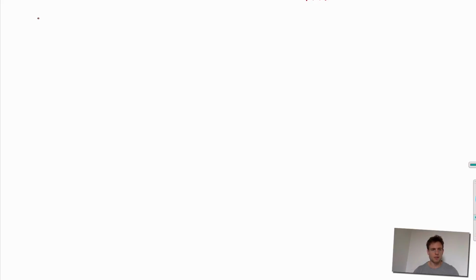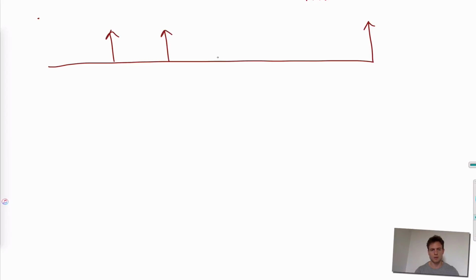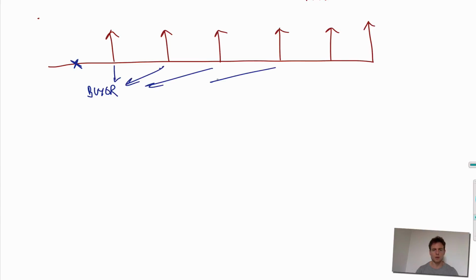So if you think about the bond that we've been talking about, we had 6 years to go, and we had these coupon payments like this, and like this. If you buy the bond here, during this period, then the buyer is going to get this cash flow, this one, and all these.